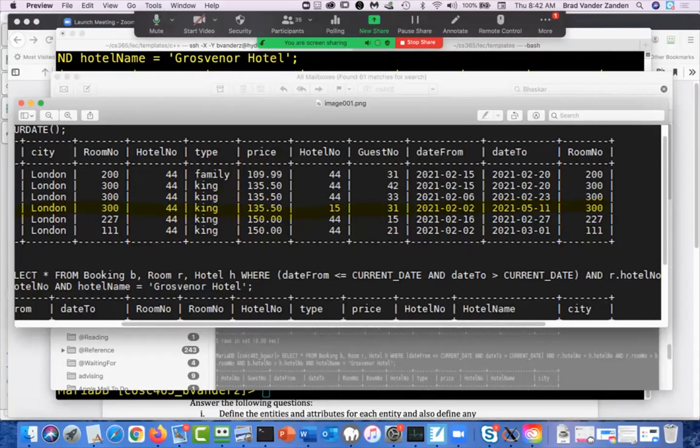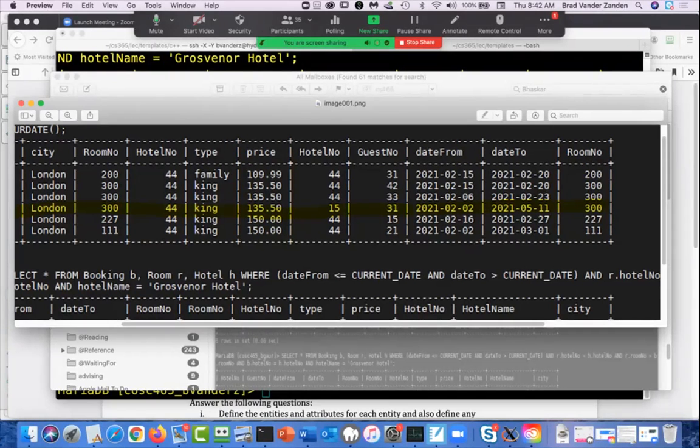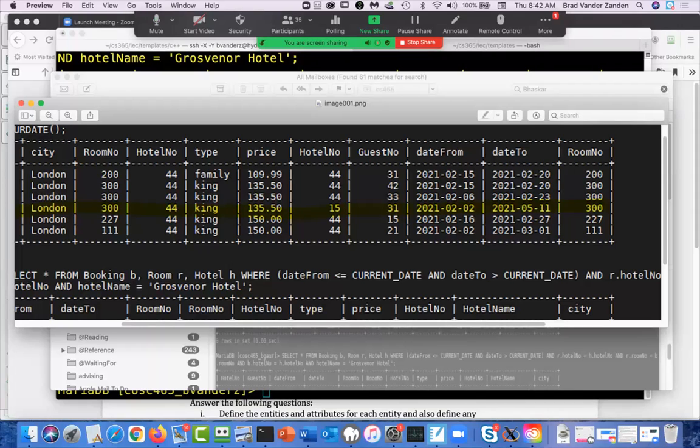So that's why you had 3 points deducted, because there were two common columns in the room and the booking relation, the hotel number and the room number, and you were only checking one of them. So you had to, or alternatively, you had to do that when you were also going into the hotel relation.